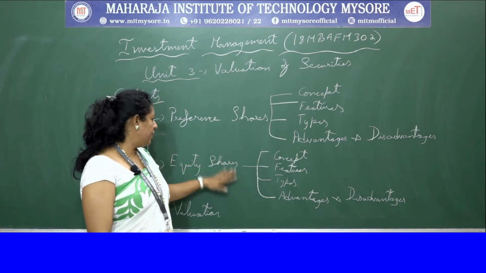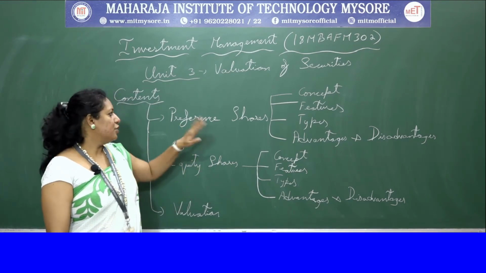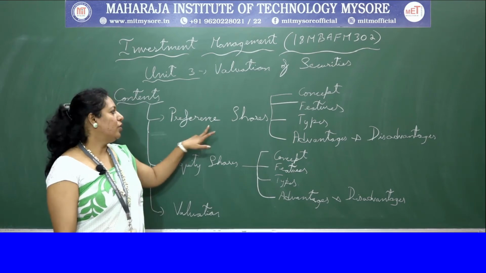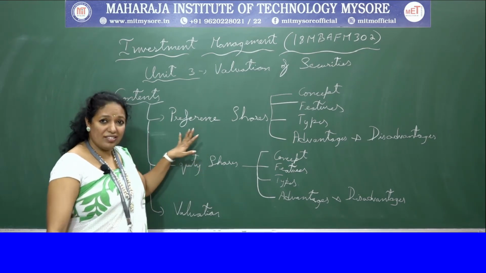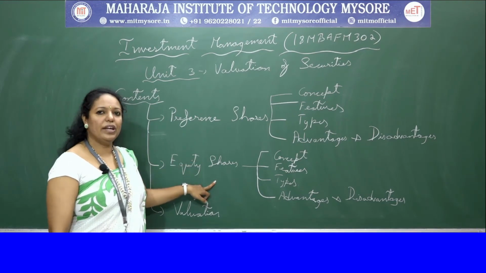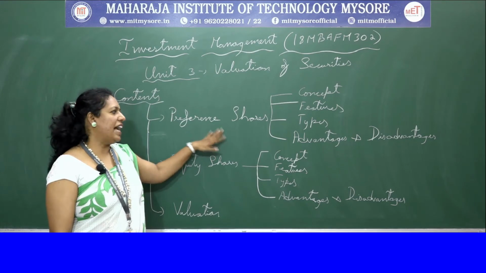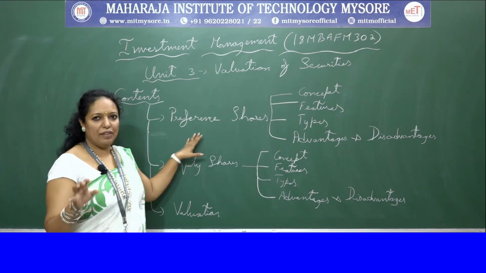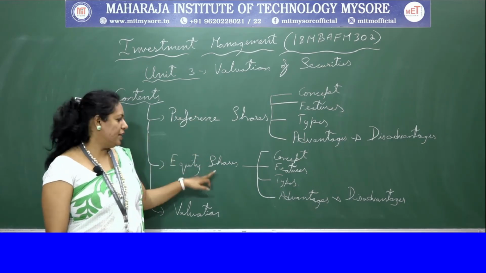So now we will have a comparison of preference shares and equity shares. In preference shares you have a fixed dividend, in equity you have fluctuations. Voting right is not there in preference, there is voting right in equity. In participation, preference shareholders have limited participation in management decisions because they don't have any voting rights, and whatever surplus is there is also not distributed to them.